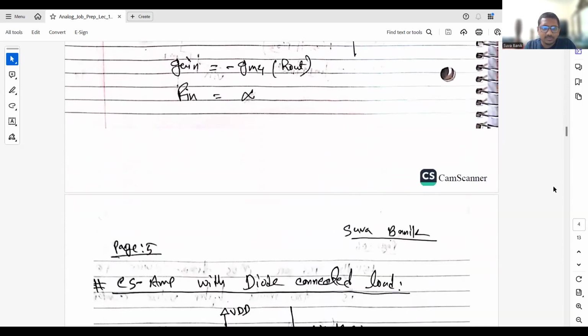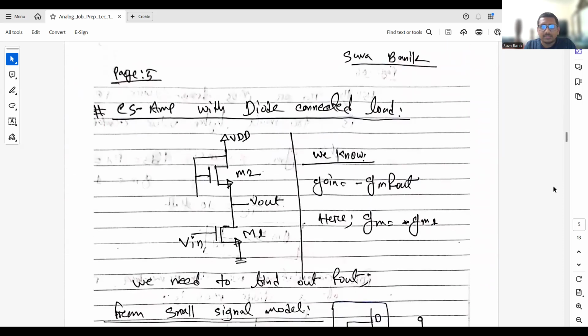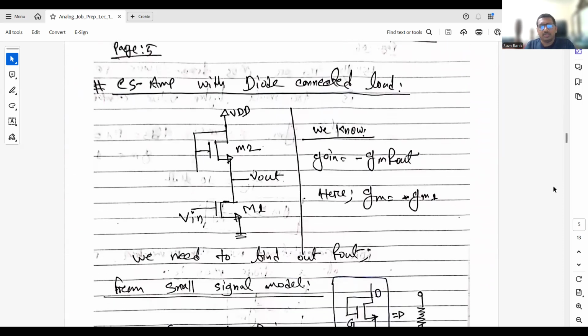Now let's proceed with another circuit. This is one of the important configurations of the common source amplifier, the one with a diode connected load. Same case, if we want to find the gain, we already learned that the gain is minus GM RD.